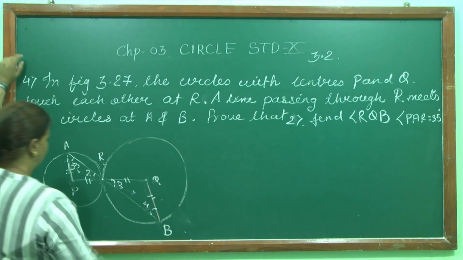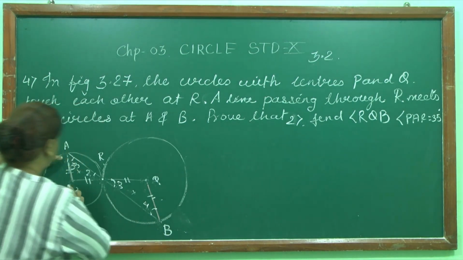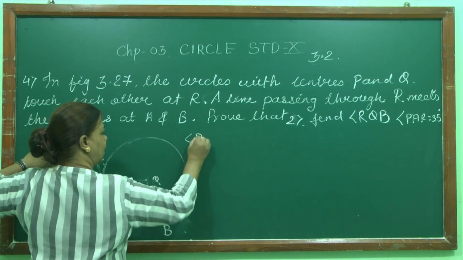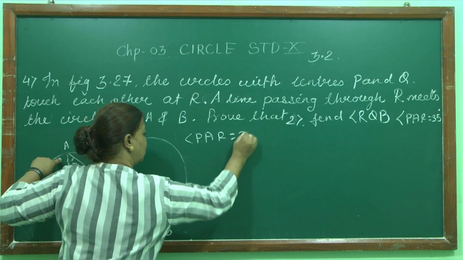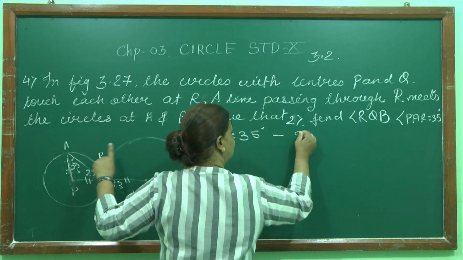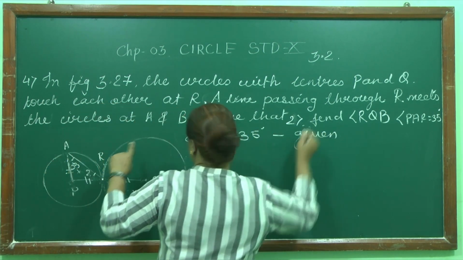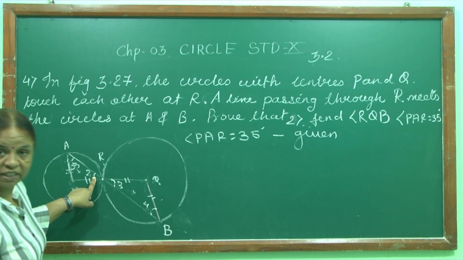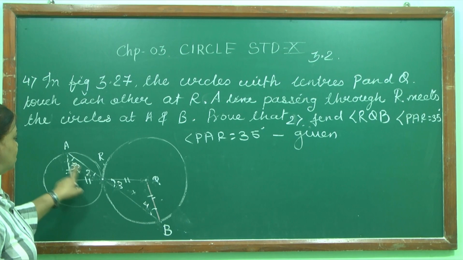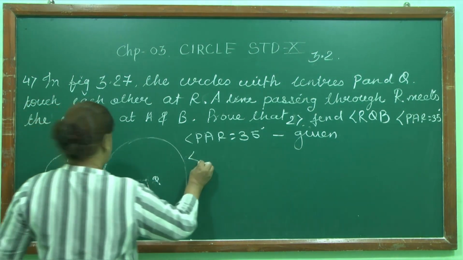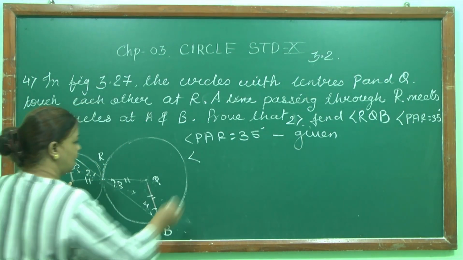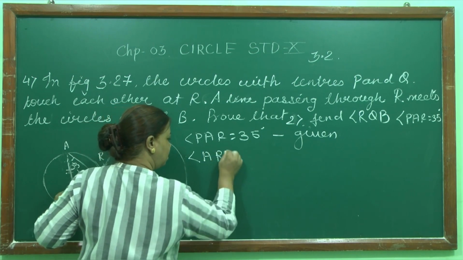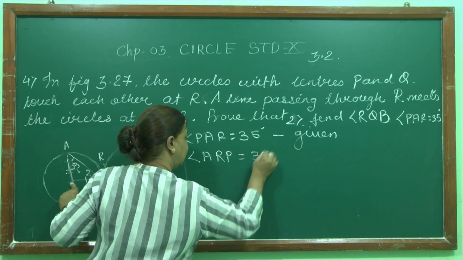We know children, we have proved that angle PAR is equal to 35 degree, given. Okay. So what about this angle? It will also be 35 degree because isosceles triangle. So angle ARP will also be 35 degree.